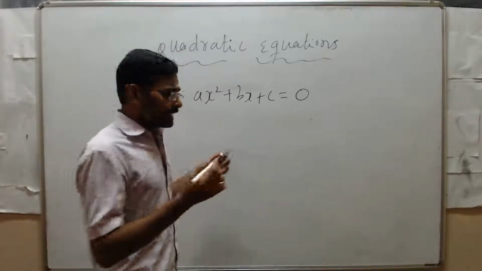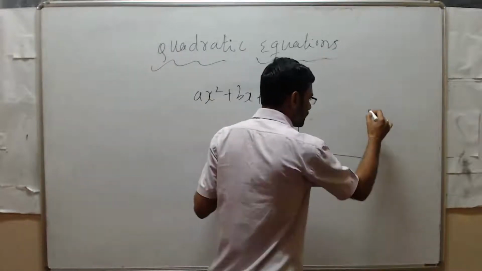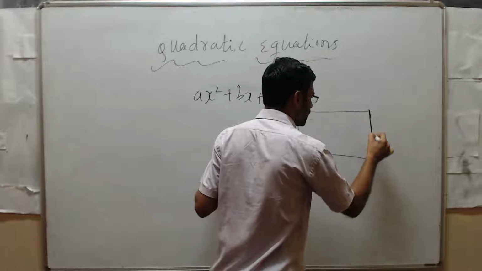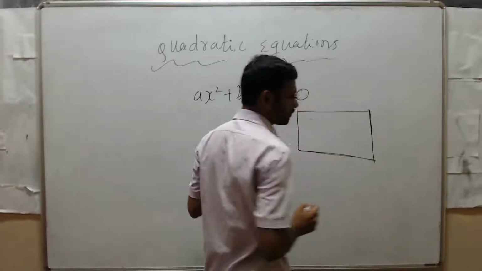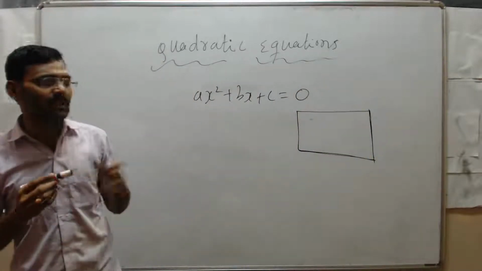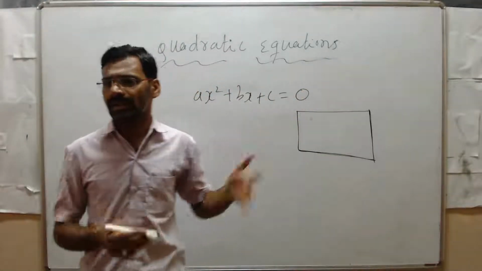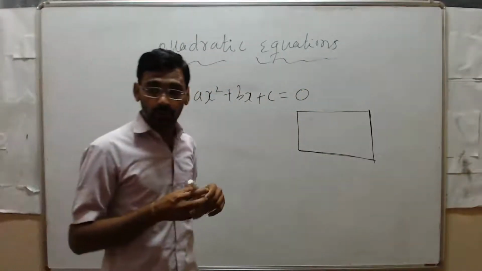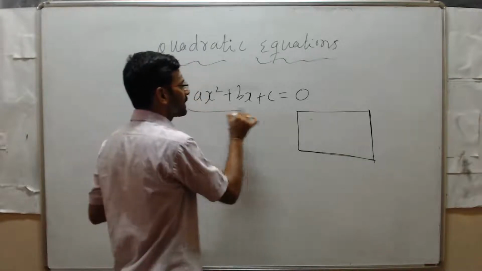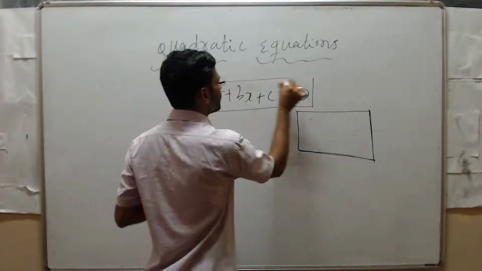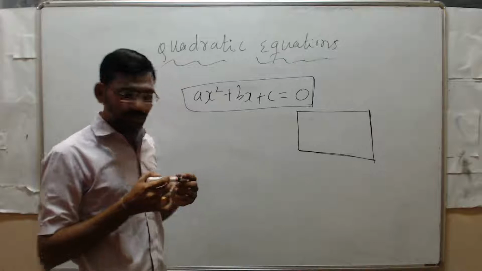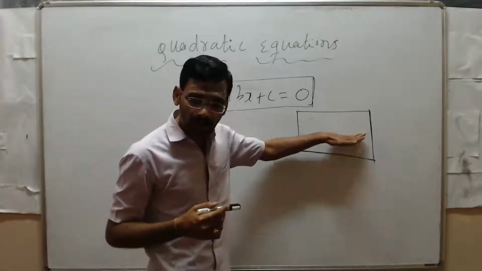Okay, let's consider this is a small classroom. We have to find the area of this classroom. With the help of this quadratic equation, we are able to find the area of this classroom.